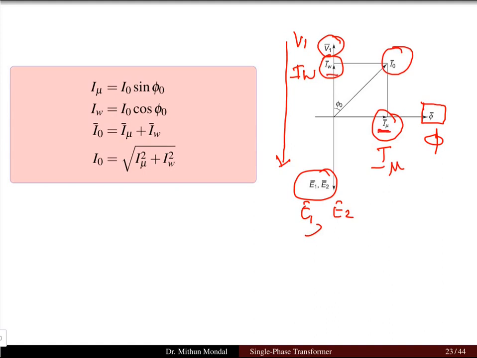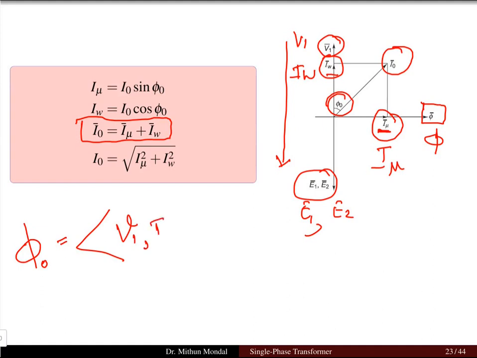Phi naught is the angle between them. We know that the power factor angle phi under the no load condition, phi naught, is the angle between the supply voltage V1 and the current I1. Here I1 is nothing but the no load current I0. So we will have the angle phi naught.